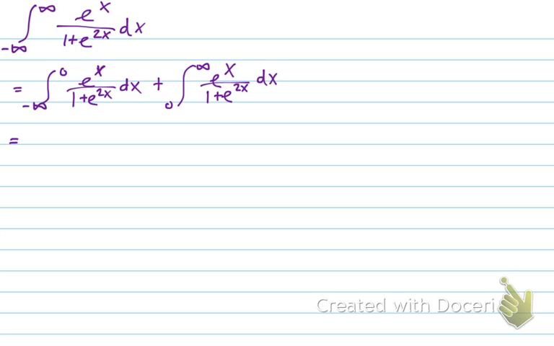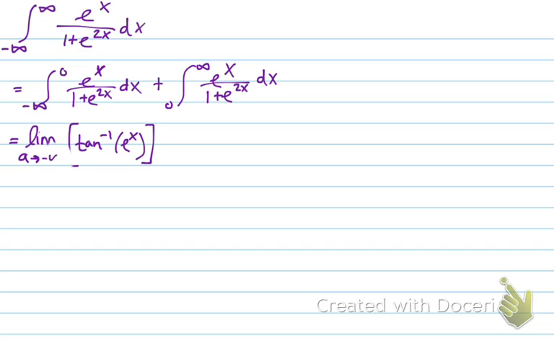So we have the limit. For the first one, it's the limit as a goes to negative infinity, and then the integral of e to the x over 1 plus e to the 2x. Again, look in the back of the book or remind yourselves from those integration rules that this is tangent inverse of e to the x from, oops, this is not supposed to be negative b.